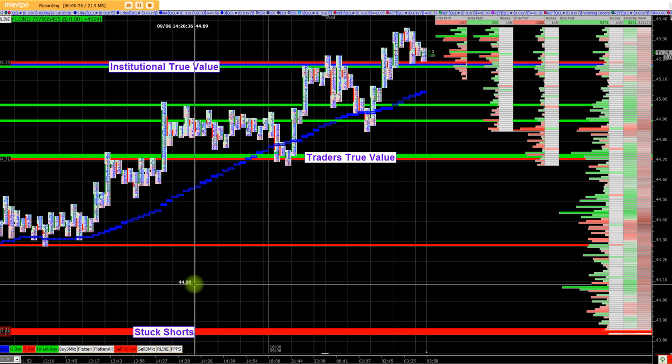The institutional true value is not something that's based off of a TPO or a volume profile or any of that other stuff. What it's based off of is where the institutions found value based upon the amount of buying and selling that took place at that price over an extended period of time.